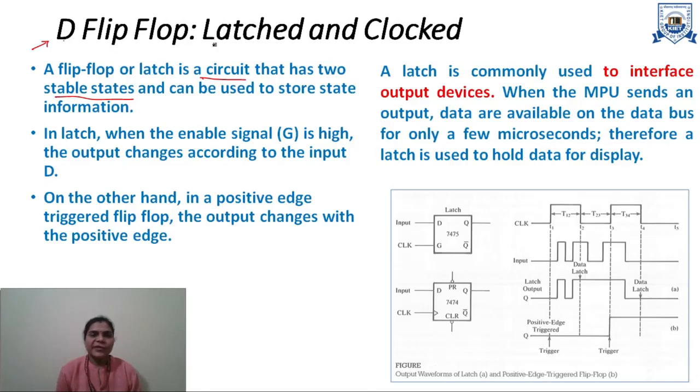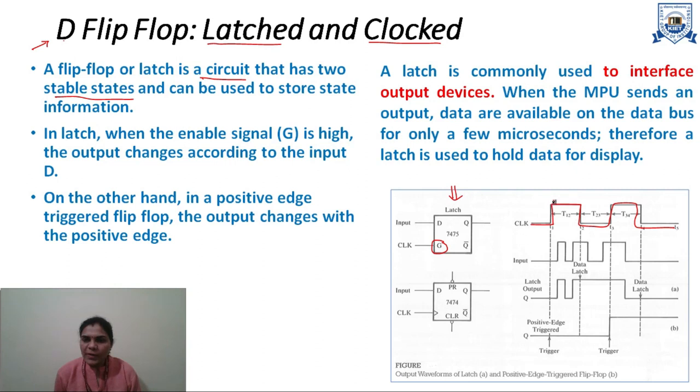Now, what is the difference between a latch and a flip-flop? In this figure, you can see that this latch has an enable signal, and this enable signal is level sensitive. Level sensitive means here we have a clock.